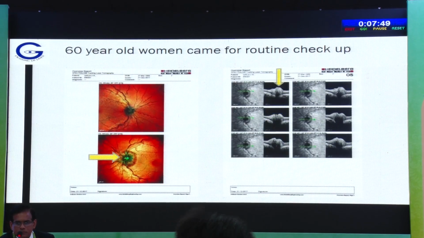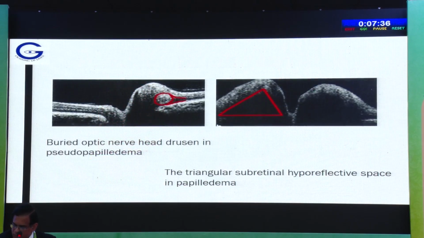This is a 60-year-old woman who came for a routine checkup. Again, left optic disc elevation, and we did the simple test OCT, which showed a lumpy, bumpy appearance. So how will you differentiate optic disc drusen in OCT?